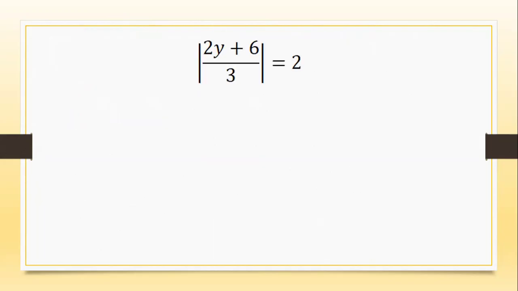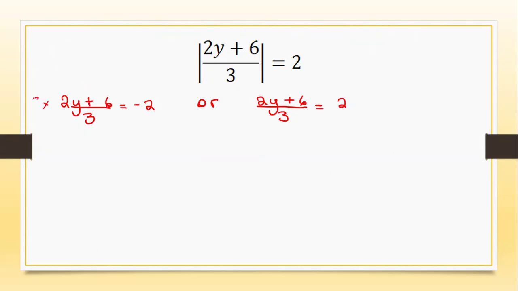The absolute value of 2y plus 6 over 3 is equal to 2. The absolute value tells me that when I come out of here, I have 2y plus 6 divided by 3 is equal to negative 2, or 2y plus 6 divided by 3 is equal to positive 2.